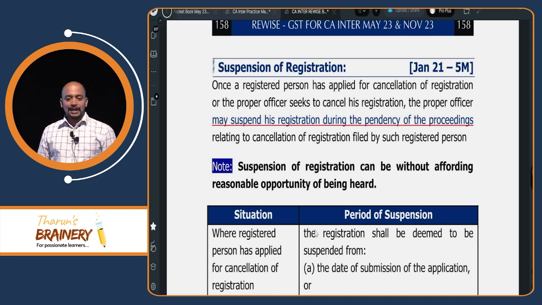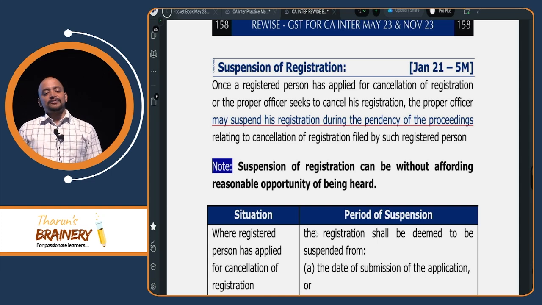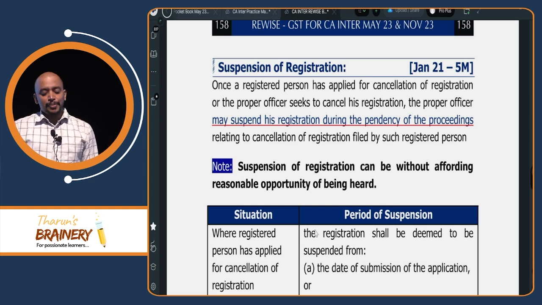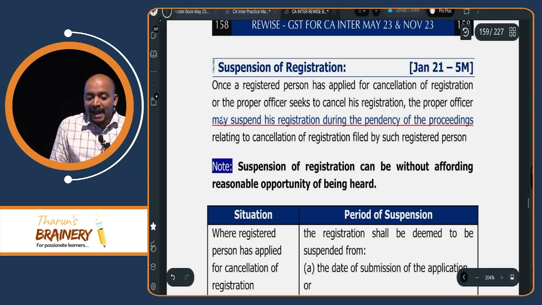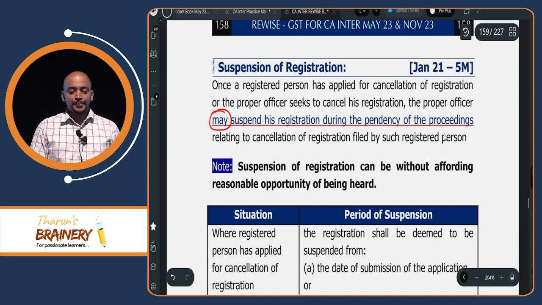Read that paragraph and tell me. Once a registered person has applied for cancellation of registration, or the proper officer seeks to cancel his registration, the proper officer may suspend his registration. May suspend his registration means it is optional.